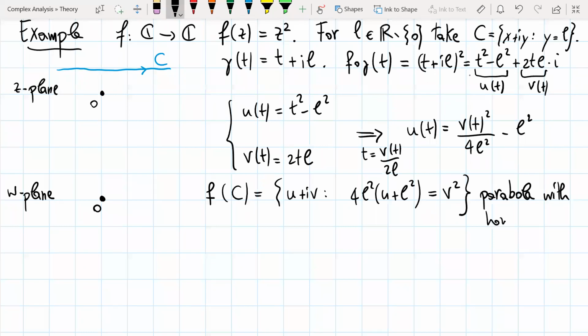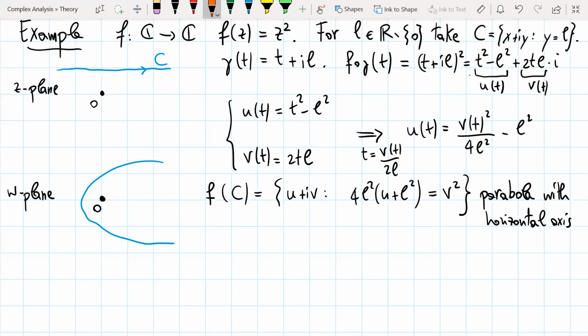Now you can compute where the vertex is and everything. And it will be something like this. That's the u axis as axis of symmetry, and you see the shape depends a bit on the value of L.